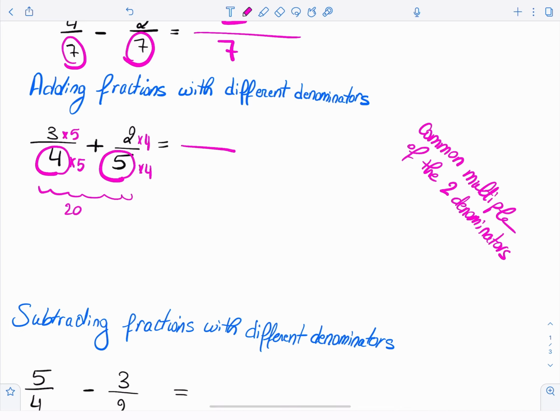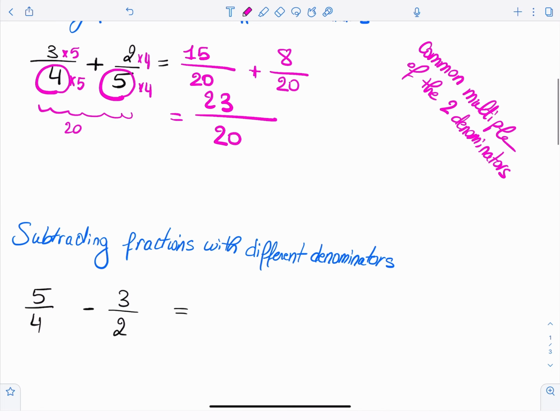Okay, let's do that. 4 times 5, 20, 3 times 5, 15, plus 2 times 4, 8, 5 times 4, 20. And then we do the same as we did before. We have the same denominator, just put the same denominator, and then we add the numerators together. Okay? See how easy it is?